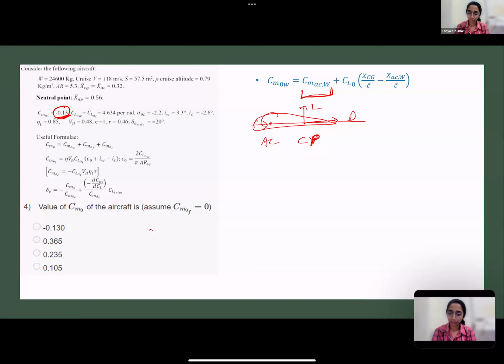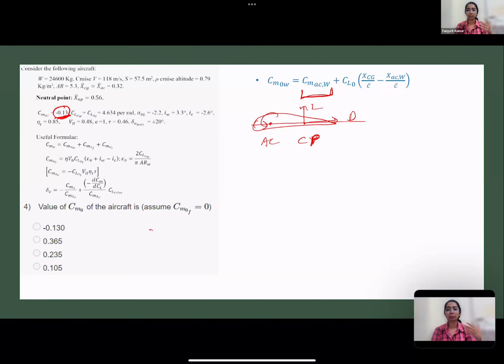So for a cambered airfoil, your AC is ahead of the CP like I've drawn in the figure here. So when I transfer these lift and drag to the AC, pitch down or pitch up moment comes at the AC. The exact figure that I've drawn, when I transfer the lift and drag from CP to AC, there is a moment.